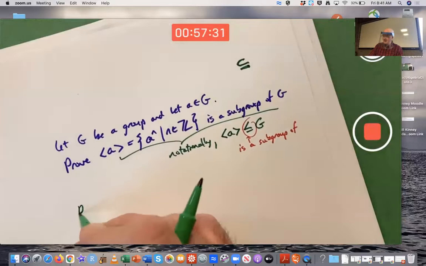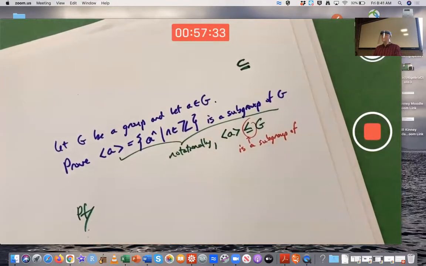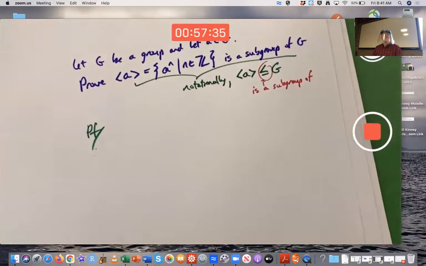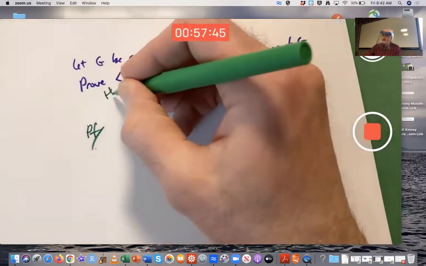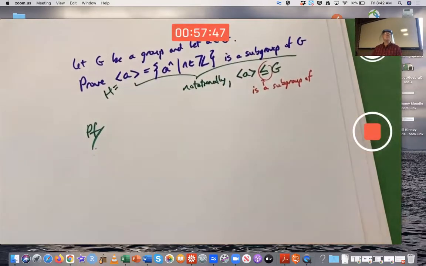All right, again, I don't recommend doing proofs without doing some scratch work, but for the sake of time, let's do it here. So I'm going to use the two-step subgroup test, but the first thing I have to do is the 0th step: verify that H is non-empty.